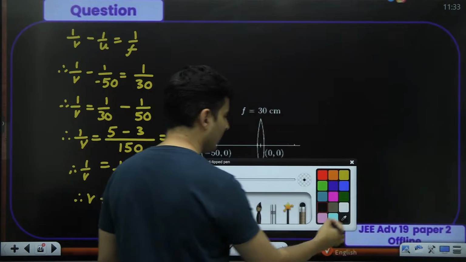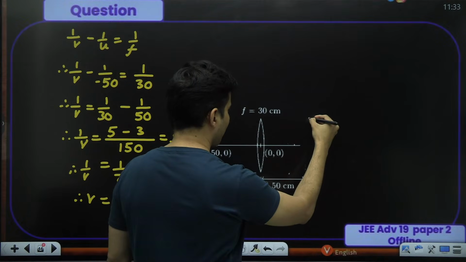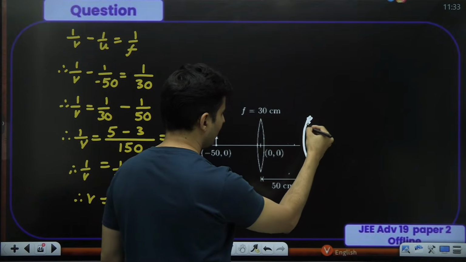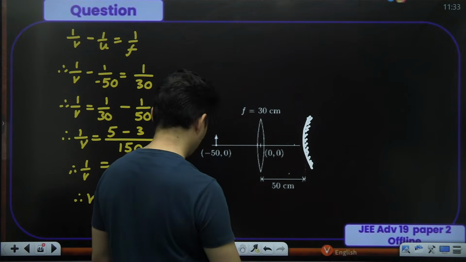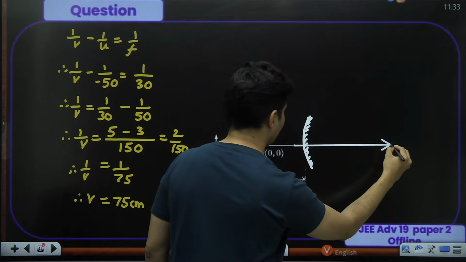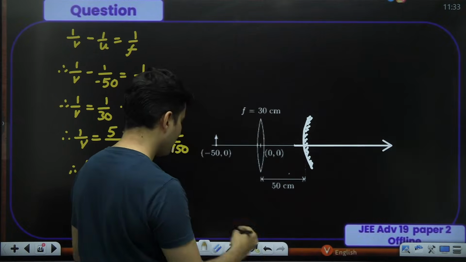All you have now is this curved mirror like this, and this principal axis over here.